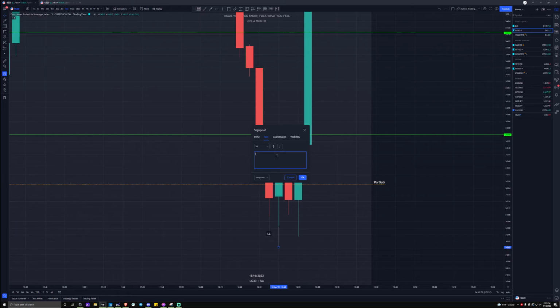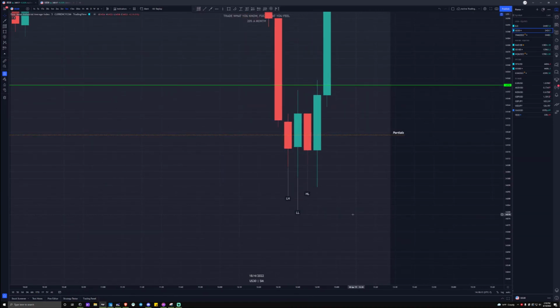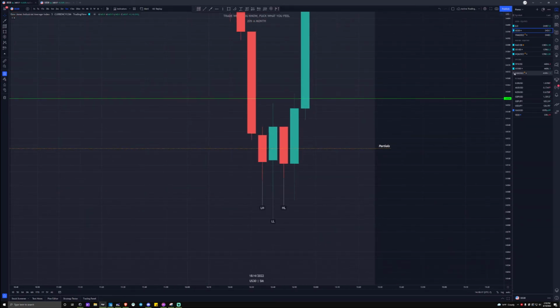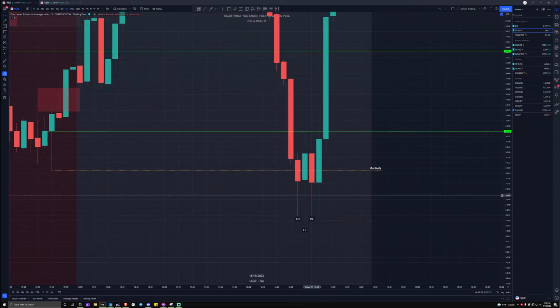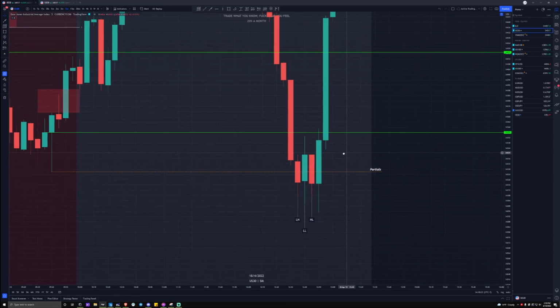Higher low, lower low. Okay, that should be lower low. And this should be something like higher low. No. Man, I'm bad at this. I just reviewed the content, so chill out. And then this one right here talks about this. Now, if I had seen that, I would have known to get into buys.